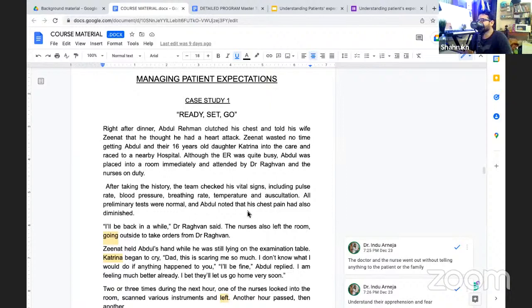After taking the history, the team checked his vital signs, including pulse rate, blood pressure, breathing rate, temperature, and auscultation. All preliminary tests were normal, and Abdul noted that his chest pain had also diminished. "I'll be back in a while," Dr. Raghavan said. The nurses also left the room, going outside to take orders from Dr. Raghavan.